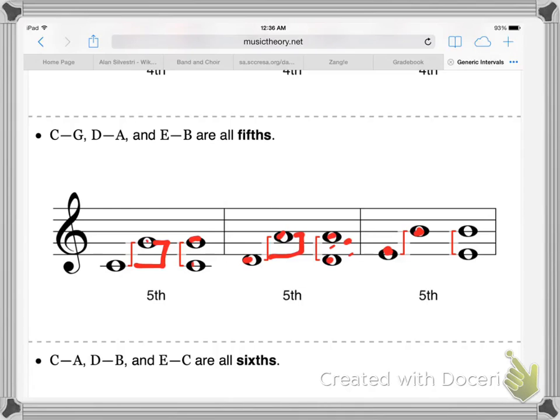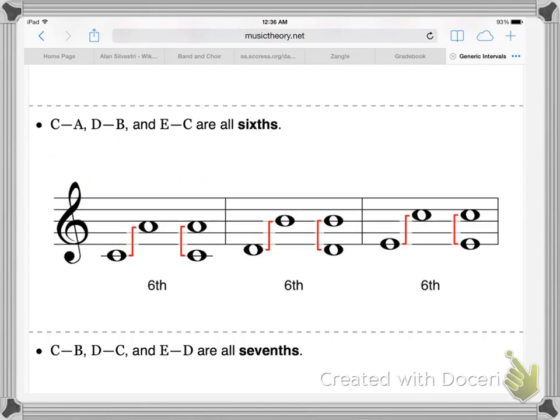And that's how I know I'm on a fifth. Other than that, just by looking at the fact that they share spaces or lines, and you'll get used to just being able to recognize them. A fourth, though, would be one lower, so it would be like C to F, or D to G, or E to A. I think it's making sense.